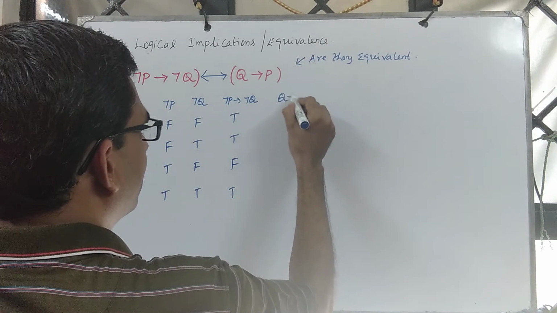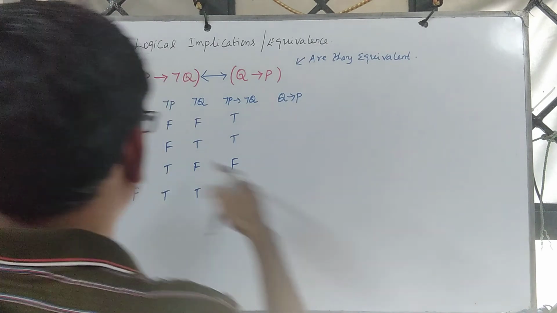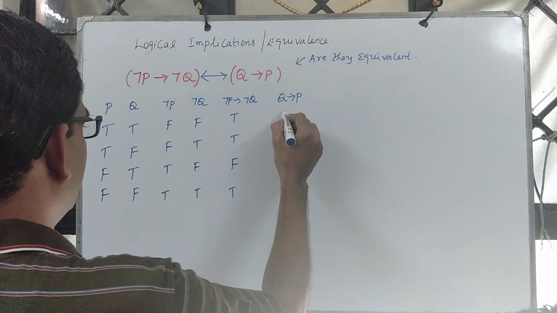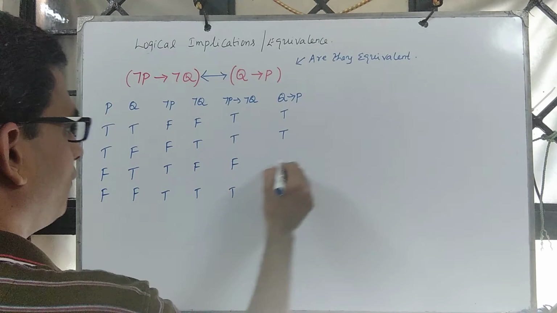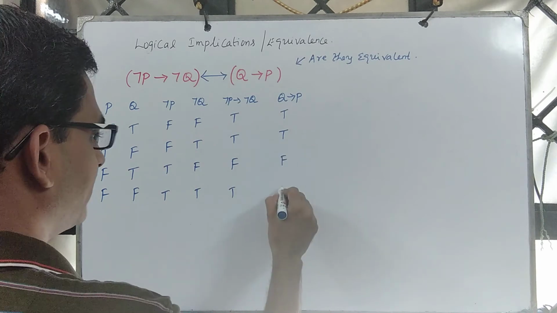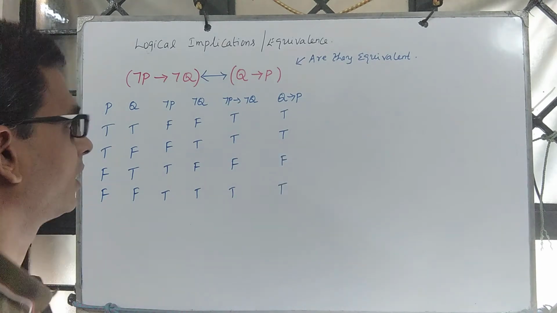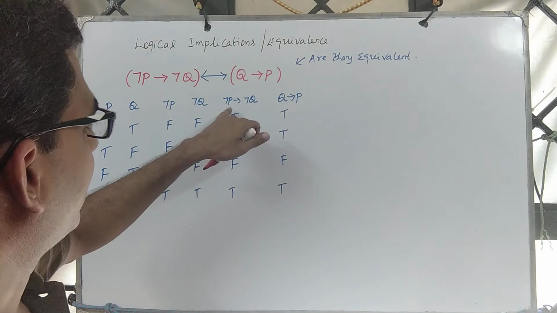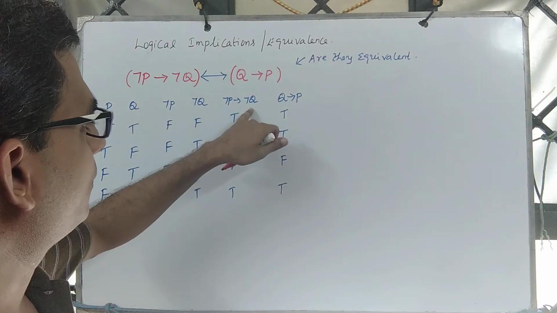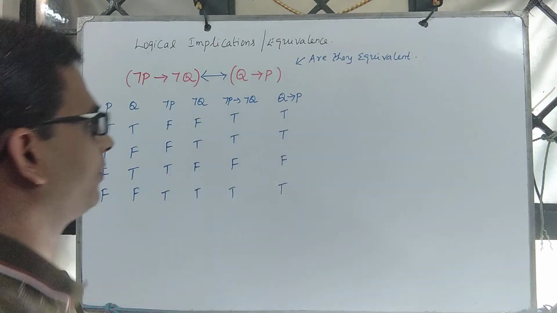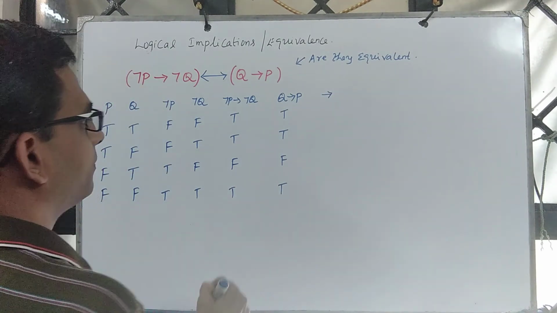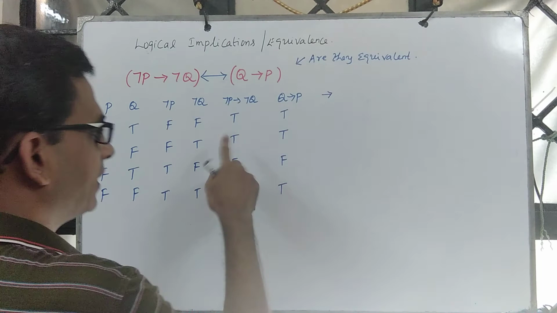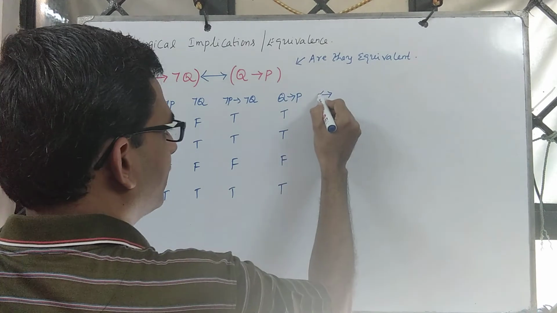Then let's look at Q implies P. Q implies P is true, premise is false, so it is true. True, false is false, premise is false, so this one is true. Now, negation P implies negation Q, implies Q implies P, or whether the biconditional is a tautology.